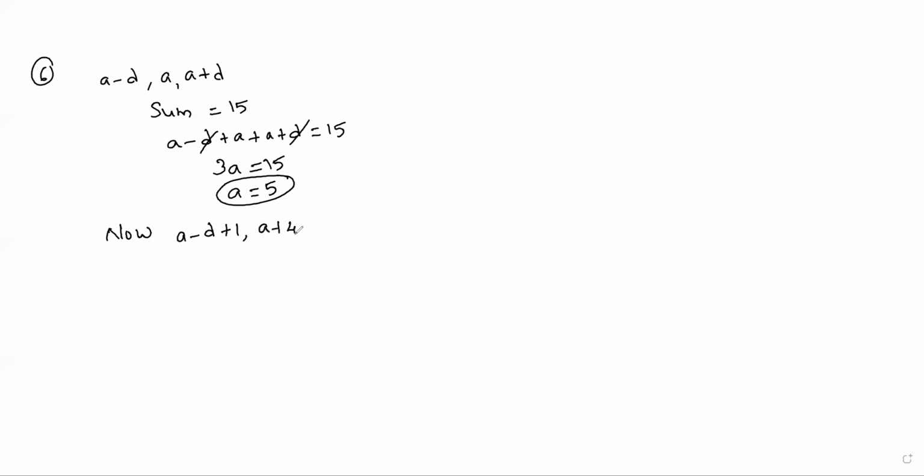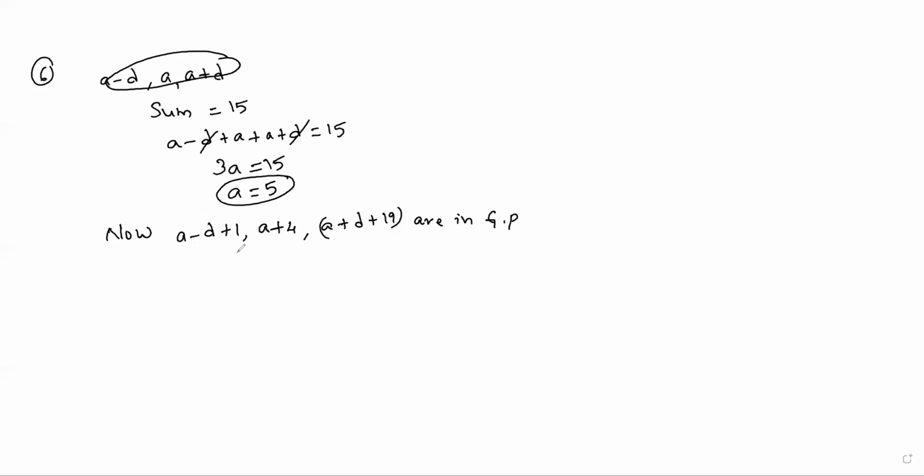For a we are adding 4. And for the last term, a plus d, we are adding 19. Now these 3 numbers are in GP. Finally, we need to find these 3 terms. To find these 3 terms, we need the a value and d value.